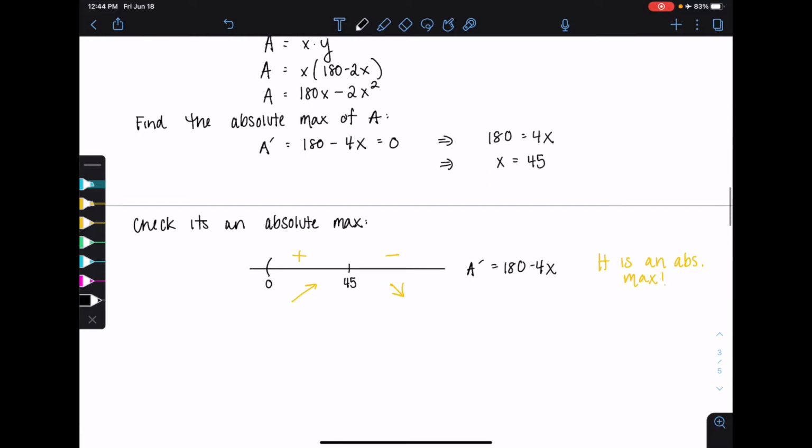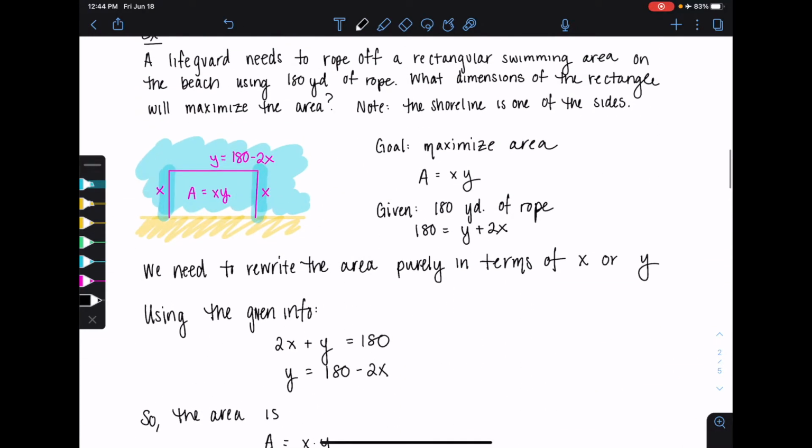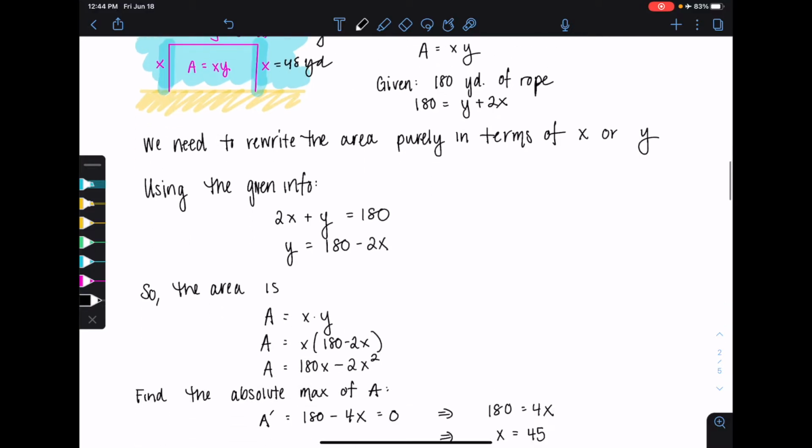So I should make my x back up here equal to 45 yards. Then I can plug 45 in to figure out what y would equal, which we're going to see in a second will be 90 yards.